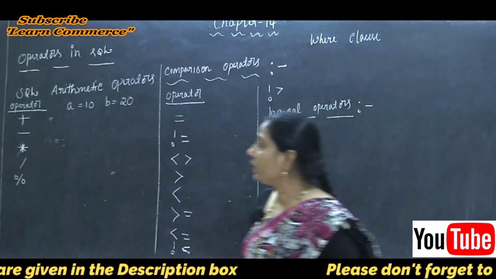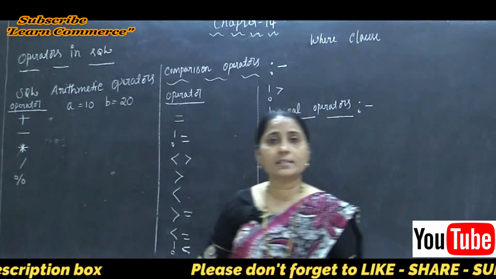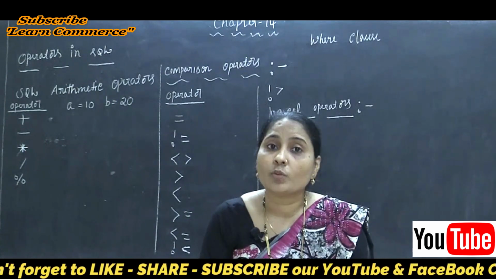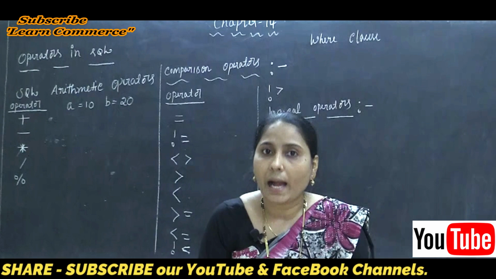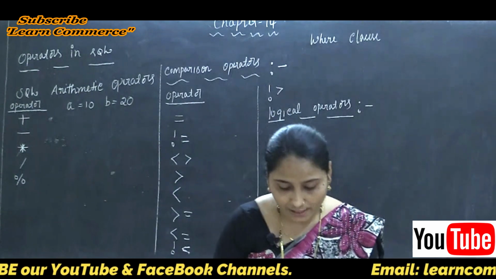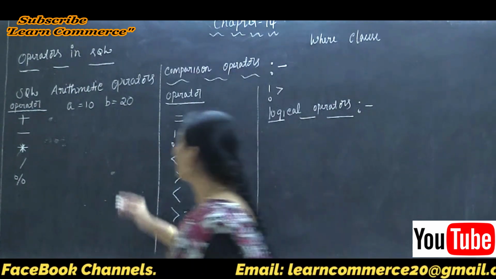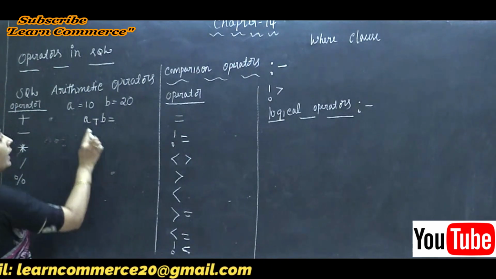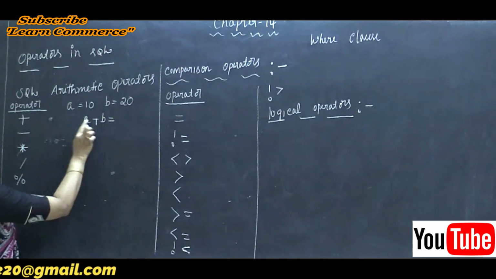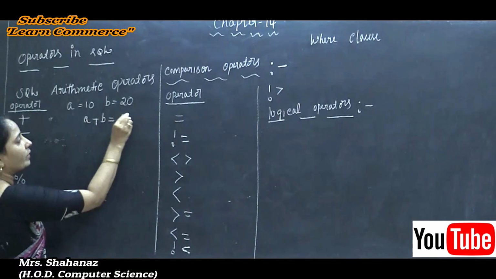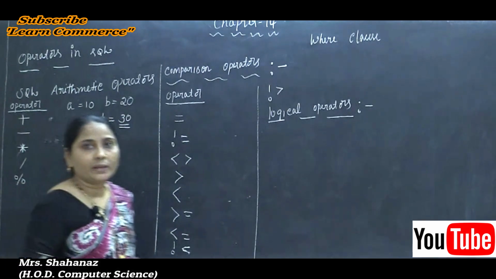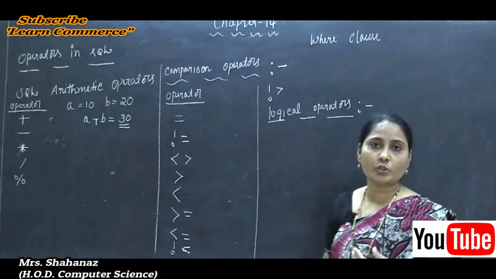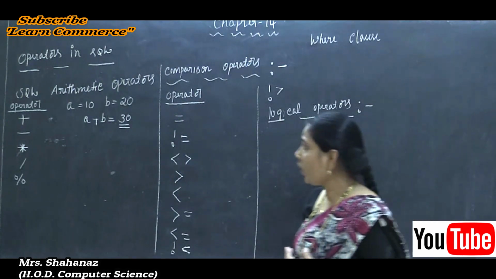We know that this operator is called the addition operator. Why do we use such an operator? It adds values on either side of the operator. So when you add the values, the result will be 10 plus 20, which is 30. By using the addition operator, we can make the addition. So it adds values on either side of the operator.